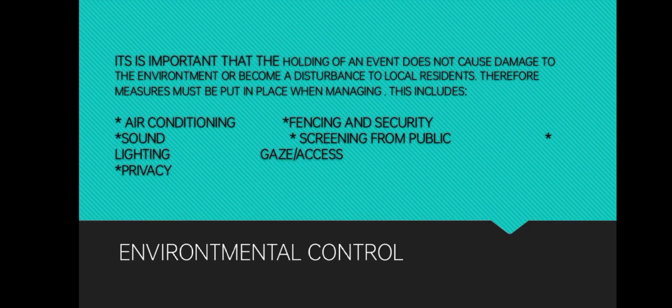In an event, it is important to not cause damage to our environment or become a disturbance to local residents. Examples are air conditioning, sound of an event, lighting, privacy, fencing and security, screening from public gaze, or access.